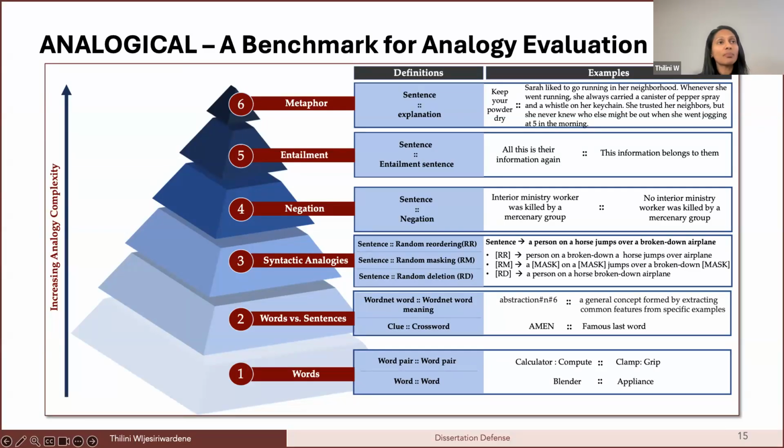This is the most complex form in this taxonomy, that requires mapping abstract relations across different narratives. So what this hierarchy supports is it allows us to systematically do the evaluation and see where LLMs excel and where they struggle.